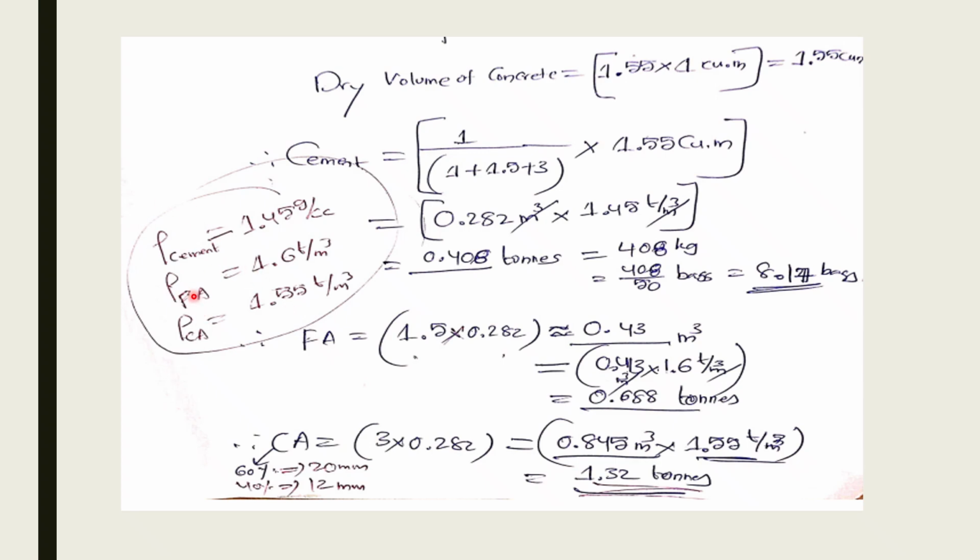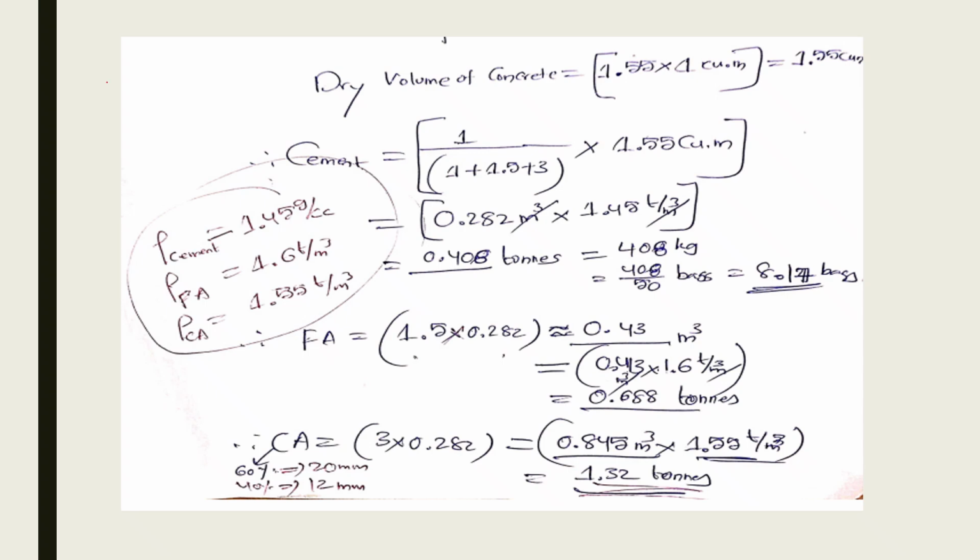First, we need to find the quantity of cement, fine aggregate, and coarse aggregate. Before that, we have to find the dry volume of concrete. Why do we get 1.55 here? Because the dry volume is 55% more than the wet volume.